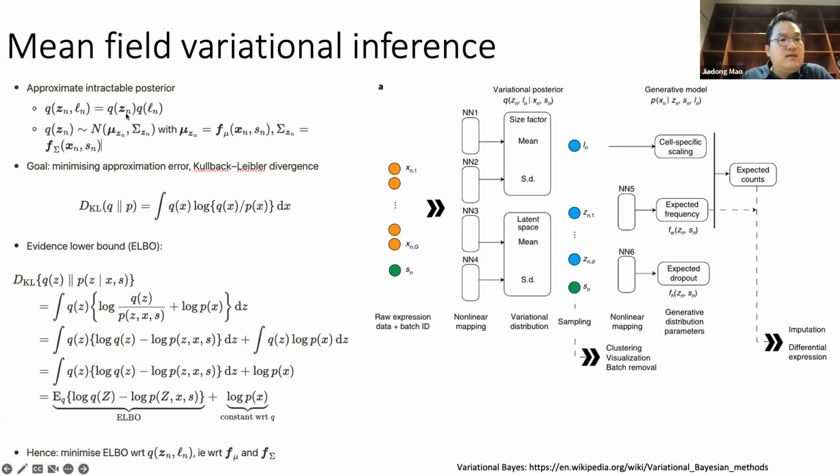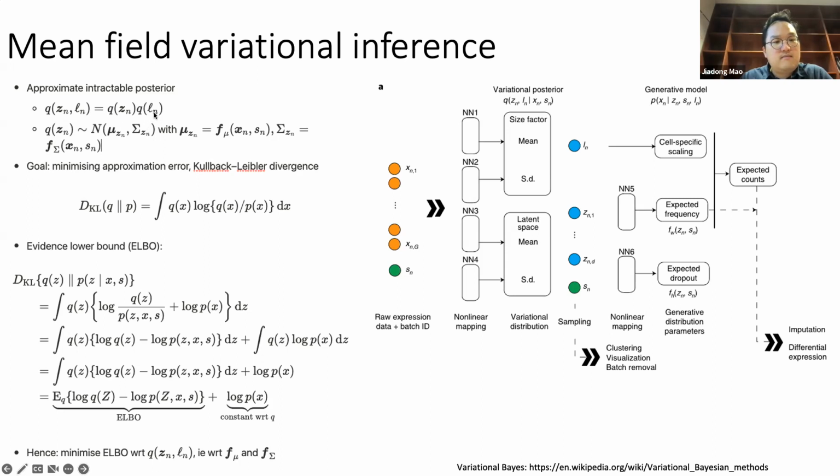And it is simpler because in this distribution, the marginal distributions of Zn and Ln are independent. So the joint distribution of Zn and Ln is just a product of the two. And we assume the distribution of Zn is a normal distribution, and we can do a similar simplification for Ln.